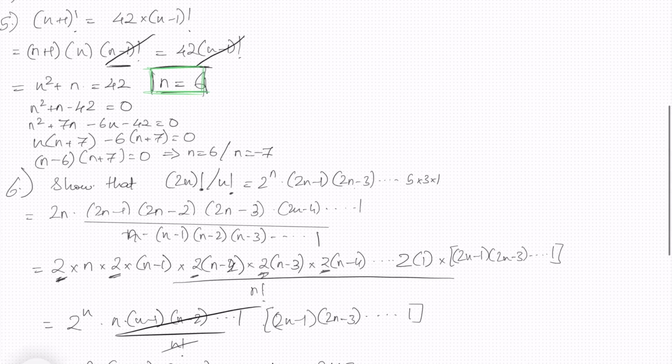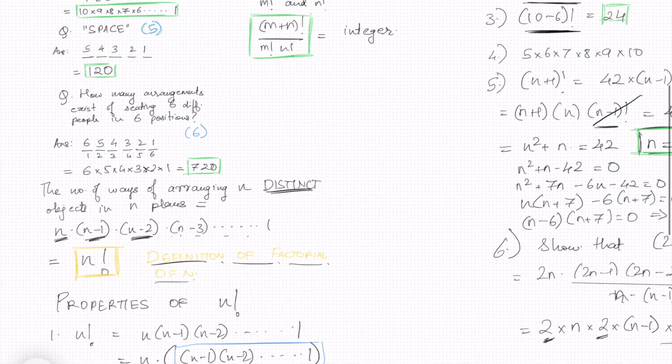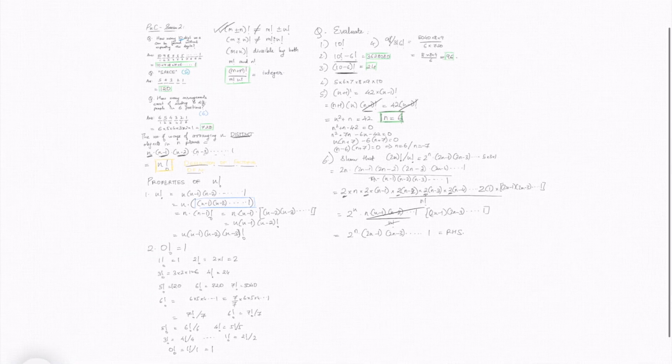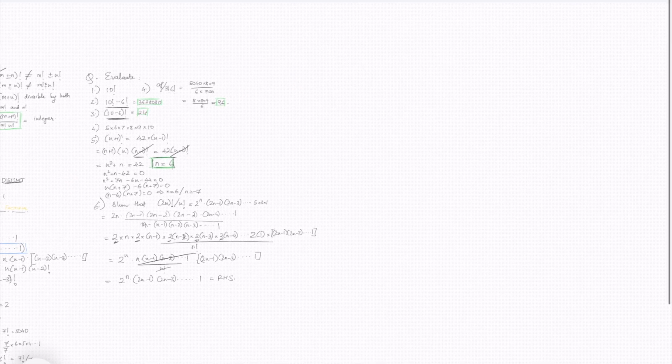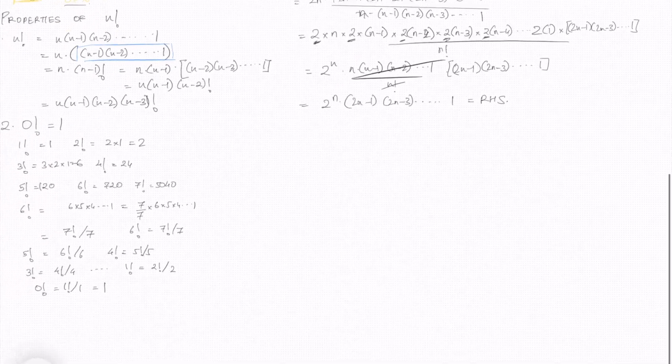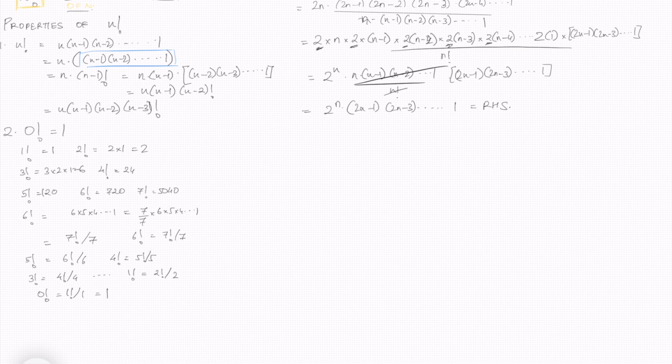So these questions will give a sense of how to work with factorials, how to do some basic algebraic manipulations of factorials, and this will help us to move on with the most important topic of the chapter, that is actually how to find the number of permutations and combinations. So thank you for watching this lecture.